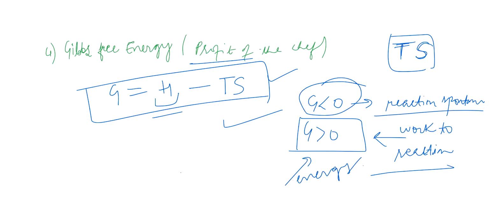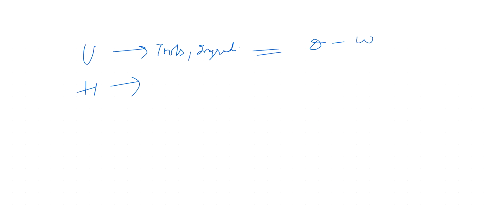So we will revise all these four. U, internal energy, we use for tools, ingredients, everything, and its formula is Q minus W. Then we have enthalpy, which means total cost, including rent, whose formula is U plus PV.